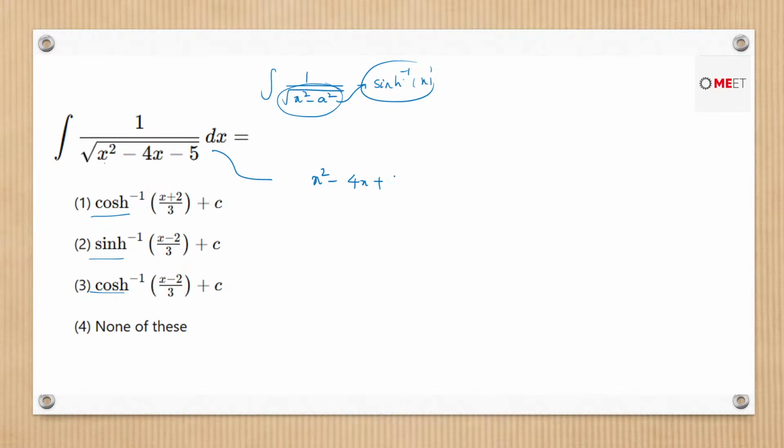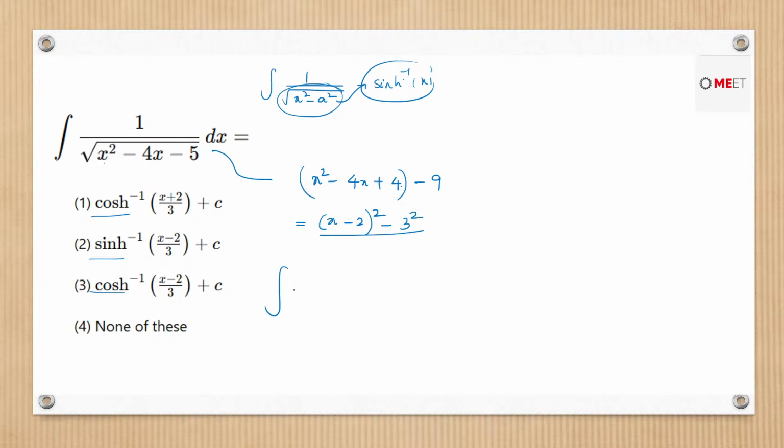B square would be 4 square, and there is minus 5. So if I want to write minus 5, then I have to subtract with 9. This has to be x minus 2 whole square minus 9, means it would be 3 square.